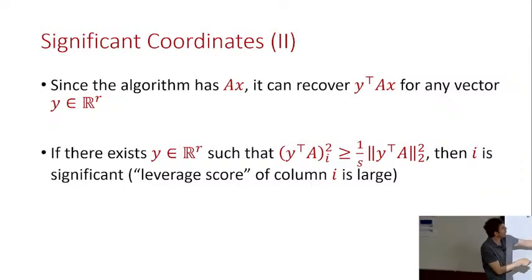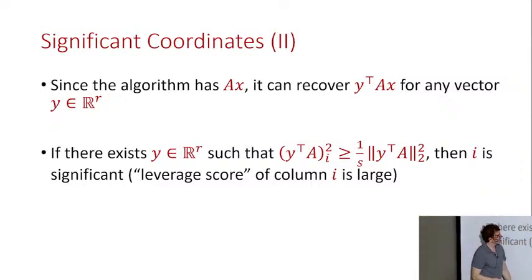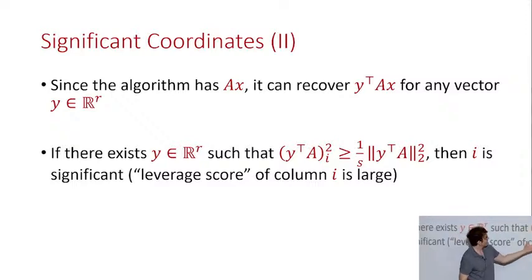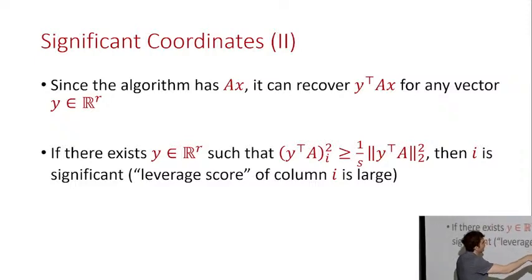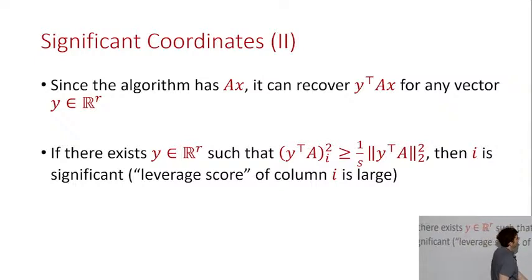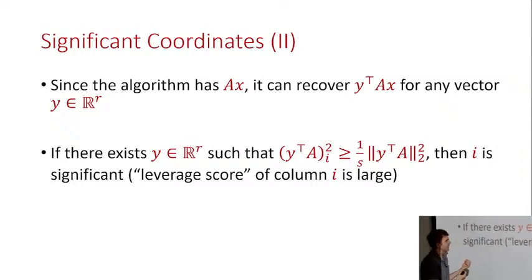If there exists a y such that the ith coordinate of y transpose A, squared, is at least a 1 over s fraction, for some parameter s, of the squared norm of y transpose A, then we're going to say that i is significant.